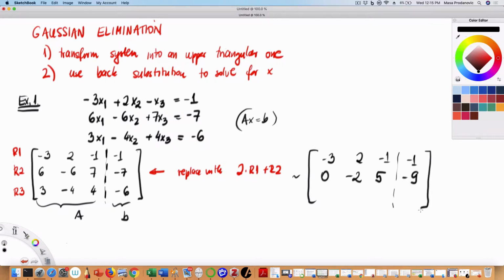Okay? And then with row 3, what are we going to do with row 3? Just add them up, which is a simple linear combination too, right? So it's basically replaced with row 1 plus row 3. Okay?